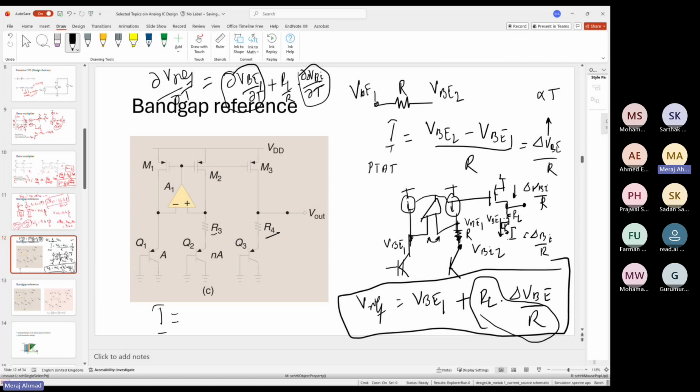Your current is delta VBE by R. So this is that R. And you know that this is VT ln N. So if this current flows through this transistor, and if we want this transistor to operate at a required bias, then you know this, you know this, you know this, so you can set this R. So this is how that R was selected.